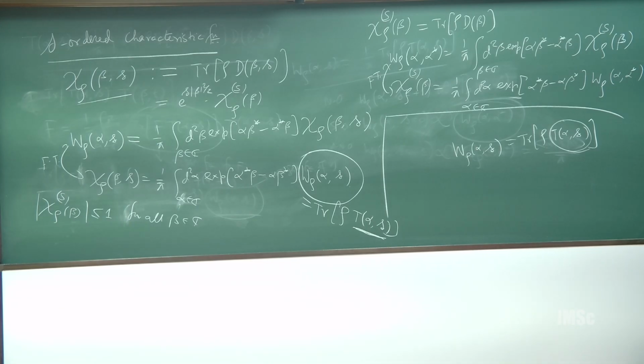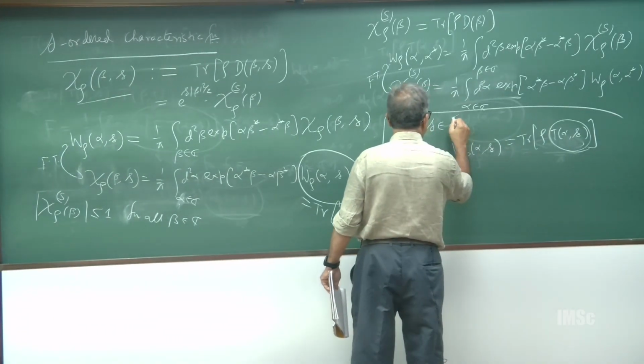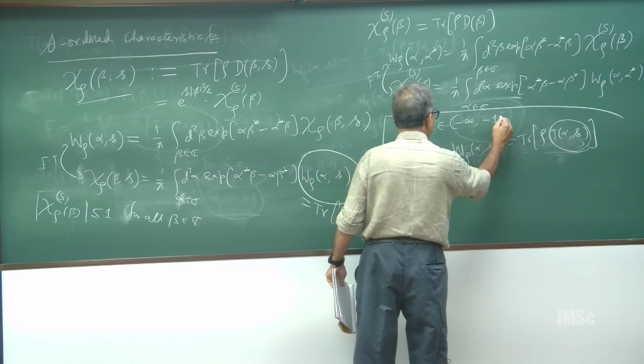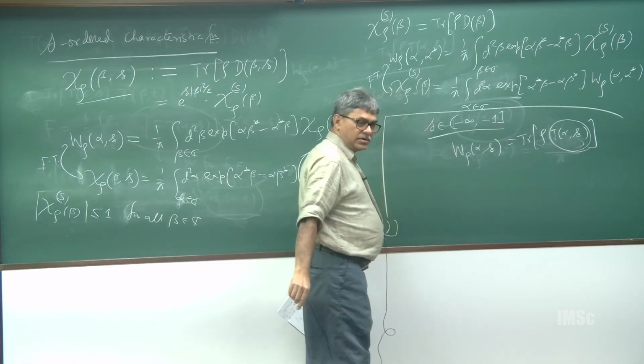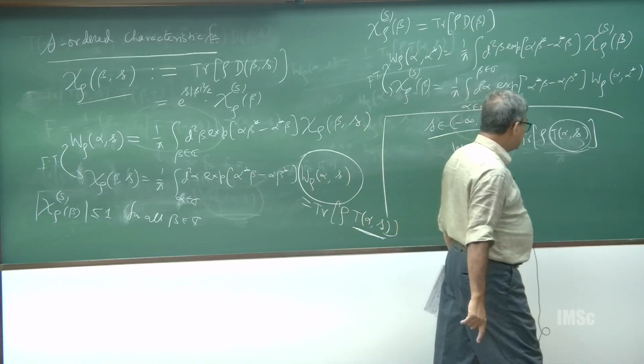What is the maximum eigenvalue this operator can have? Here of course, I have chosen S belonging to minus infinity to minus 1. Okay, so S is real. What is the maximum eigenvalue it can have?